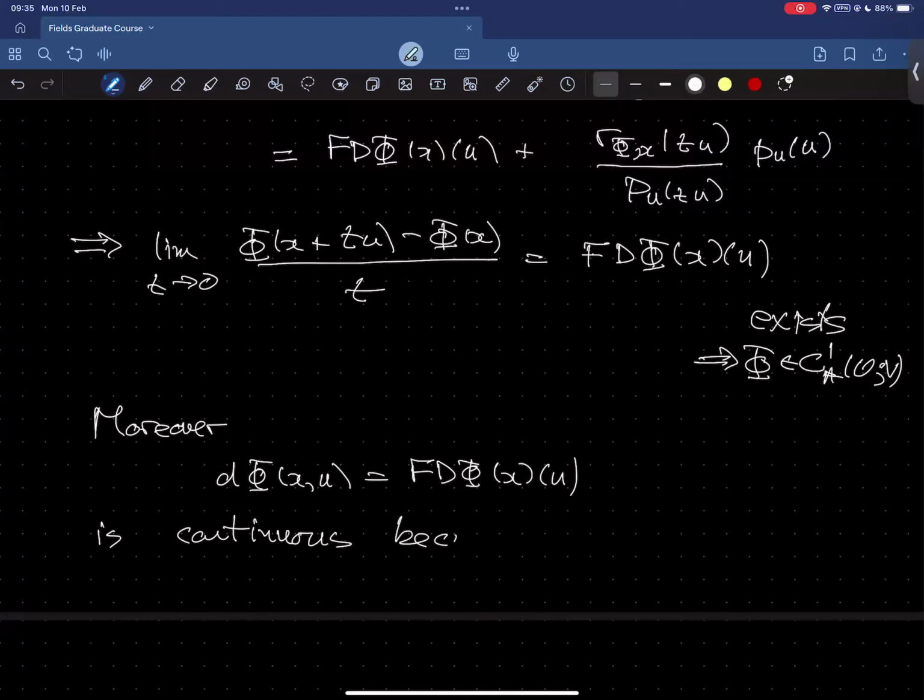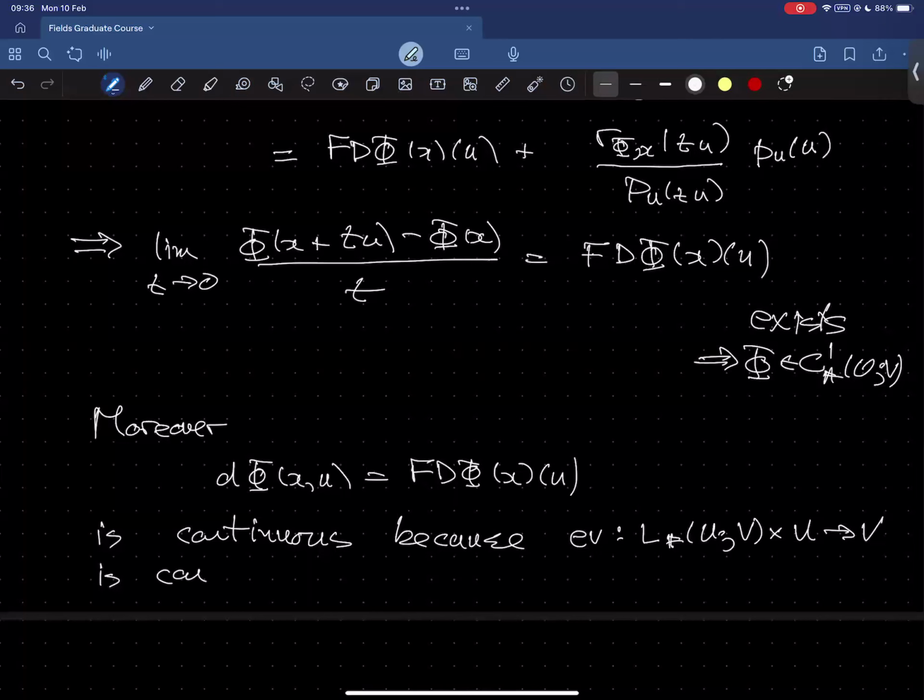So let me write down what we proved to show that that's true, because the evaluation map, which I call EV, from L(U,V) cross U into V is continuous in this case.